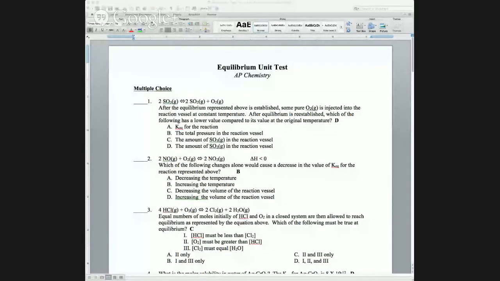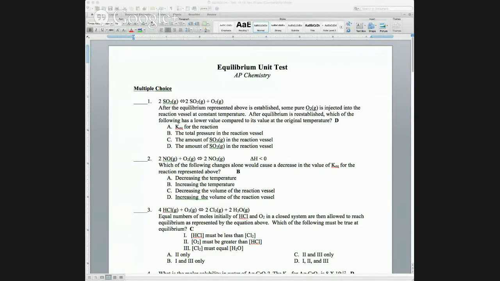That usually is what students are referring to. So let's take a look at the actual test and scroll to number 7. Which expression best describes the relationship between solubility product, which is KSP, and the solubility S of MgF2?